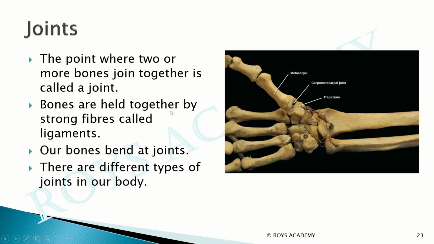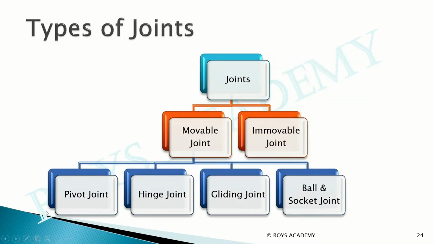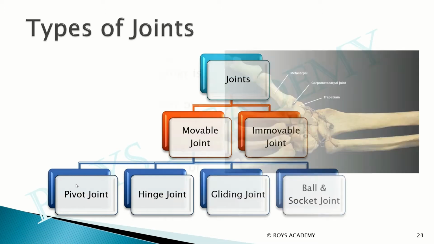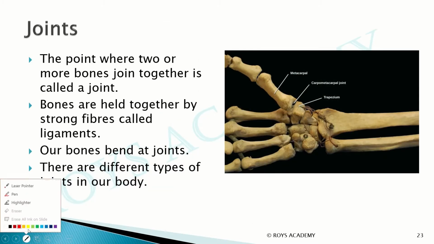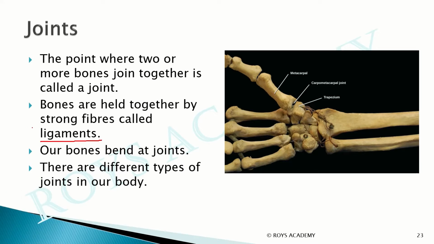Bones are held together by strong fibers called ligaments. Our bones bend at joints. There are different types of joints in our body.